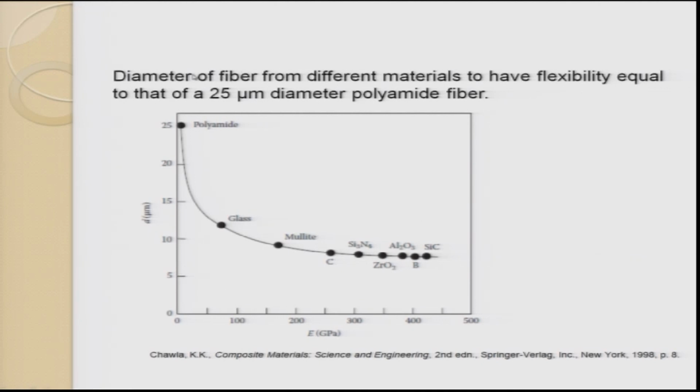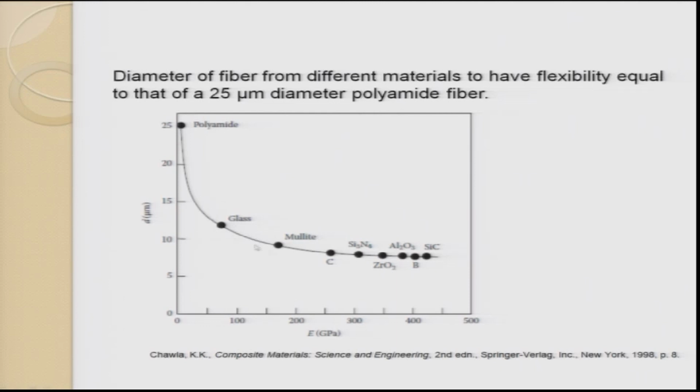So here is a graph which compares the diameter of the fiber for different reinforcing materials, to have a flexible fiber equal to around 25 diameter polyamide. So here we can take this D, diameter, polyamide starting from 25 diameter. You can see the E. E is the Young's modulus. So polyamide has a very low E, Young's modulus.